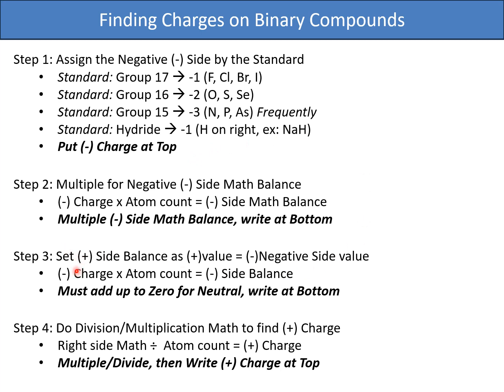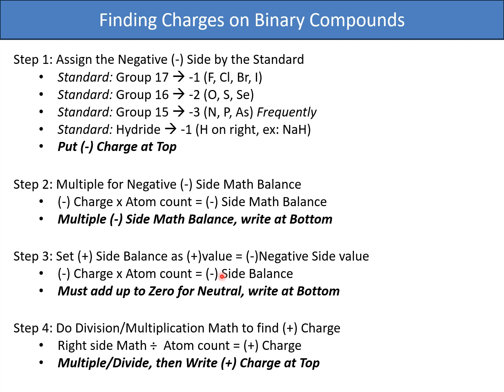Step 3, set the plus side balance as a plus value equal to the negative. So if the negative, for example, is a minus 2, then the plus side would be plus 2. If it's a minus 10, then it'll be a plus 10. If it's minus 29, then it'll be plus 29. So the way we do that, the charge times the atom count will equal the negative side balance.